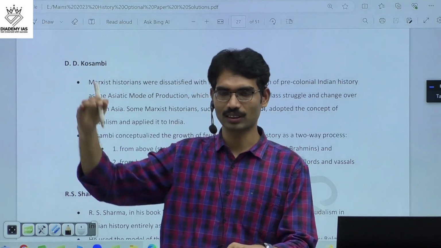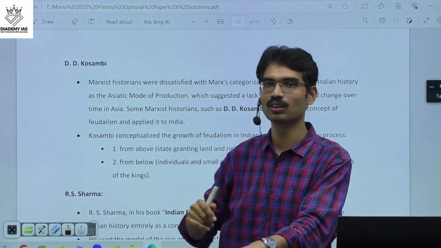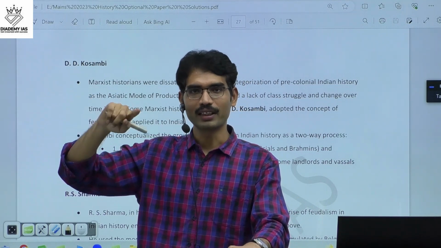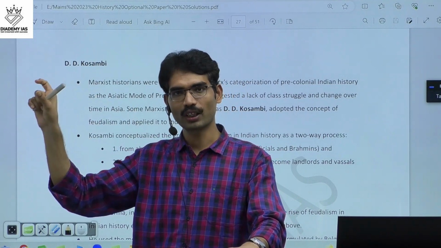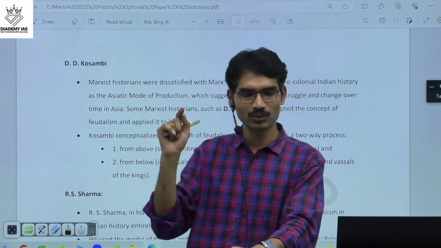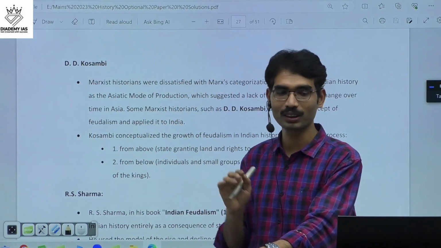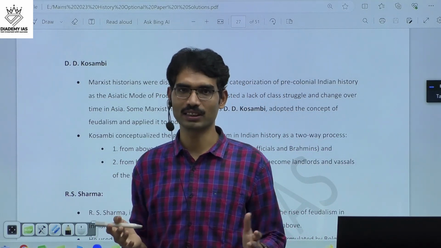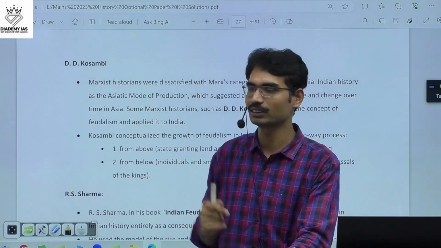So this is our history. Even in our school days, we used to study like this, this ruler, after this the next ruler, with the ruler names and the time periods. This is one of the reasons why many students are not very comfortable with history. They always feel that it is very factual in nature, because we were taught like that.